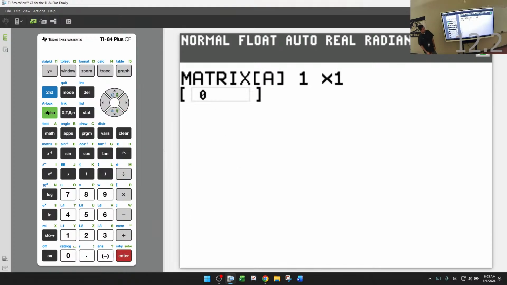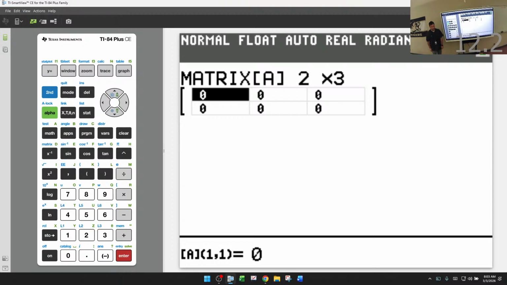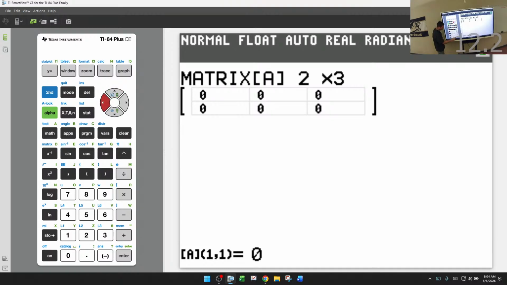The first question it asks you is, what is it, a 1 by 2 or 1 by 1? And this is not a 1 by 1. I don't remember if it's a 2 by 3 or a 3 by 2. And if you put in 2 by 3, it doesn't look like yours. Fair? Oh, it's not a 2 by 3, it's a 3 by 2. So I'll change this to a 3 and I'll change this to a 2.